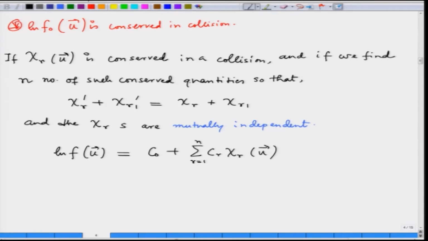If we assume that, then we can write for our case log of f of u should be equal to C0 plus C1 u square. So, this is the form representing the kinetic energy conservation. Then 3 components are conserved individually for the linear momenta, and I am just writing this.